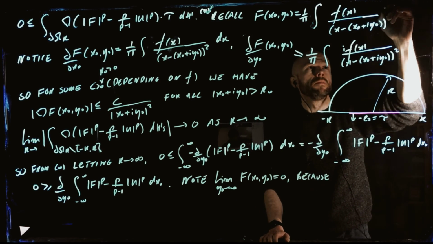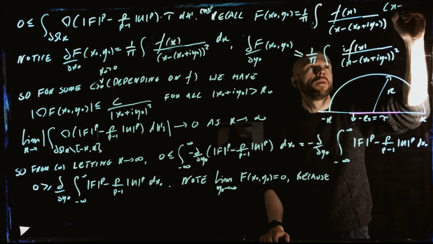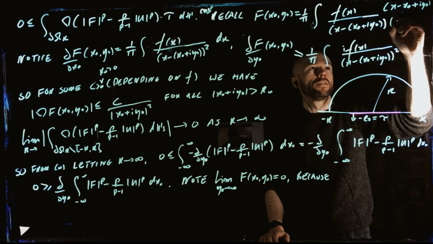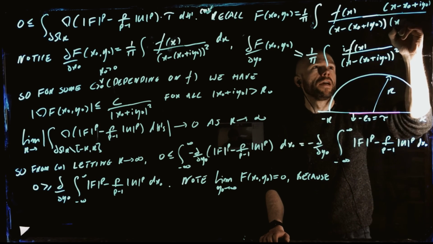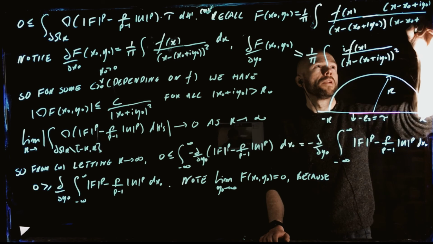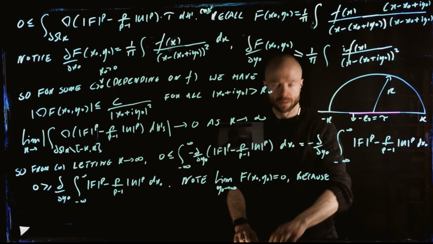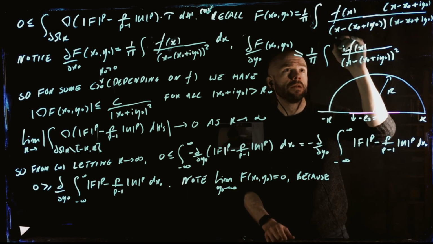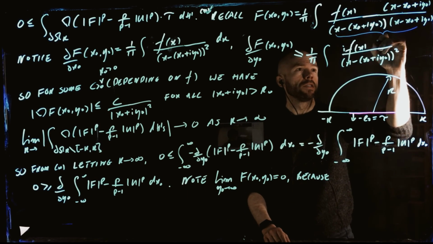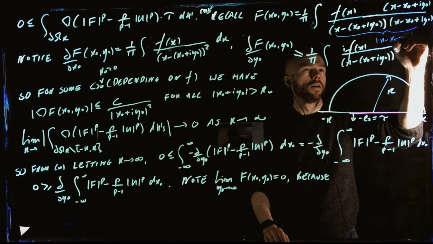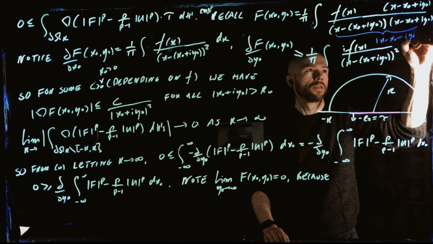If we multiply this by x minus x0 plus i y0, and then the complex conjugate right here, x minus x0 plus i y0, then this expression is like the absolute value of x minus x0 plus or minus y0, doesn't make a difference, squared.